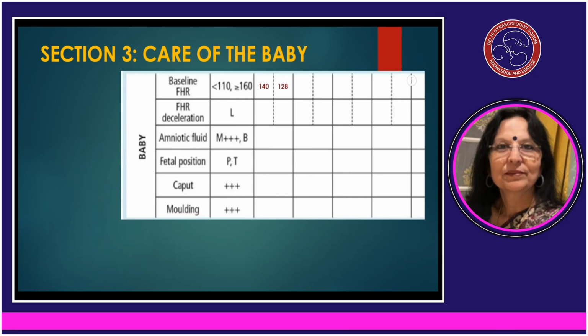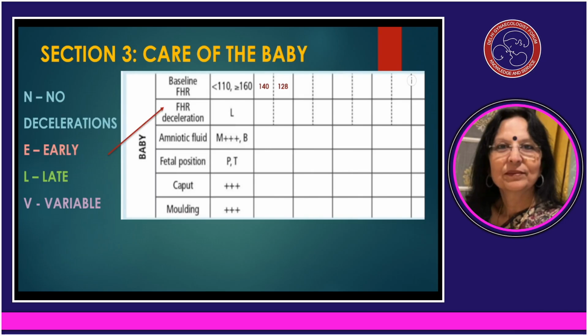So the fetal heart rate decelerations. N is for no decelerations, E is for early, L is for late, and V is for variable. Early decelerations we see basically in fetal head compressions. Variable we see in cord compressions.